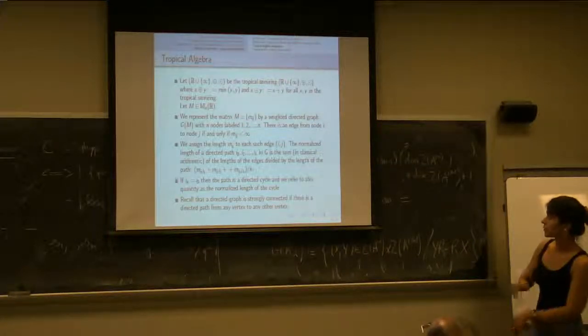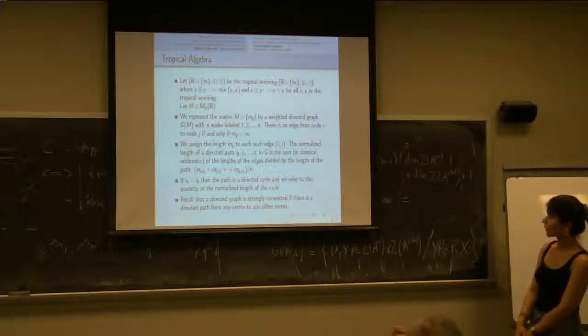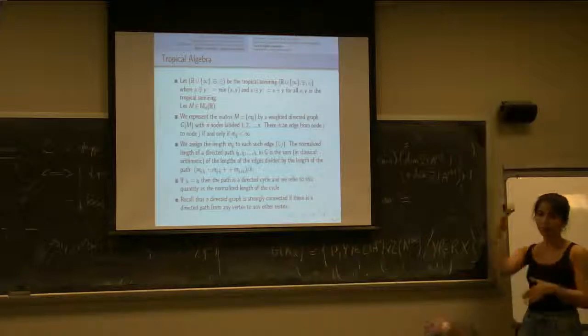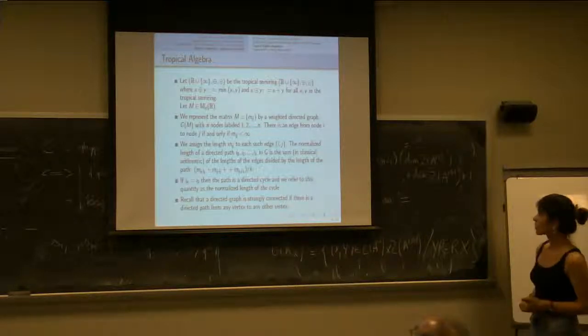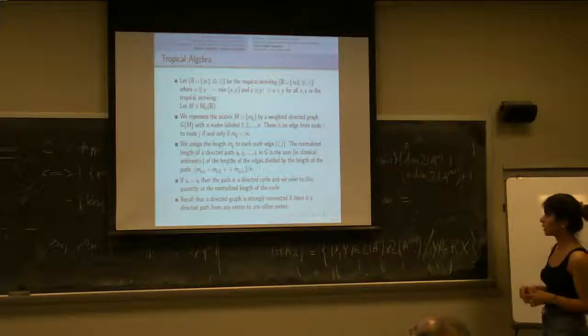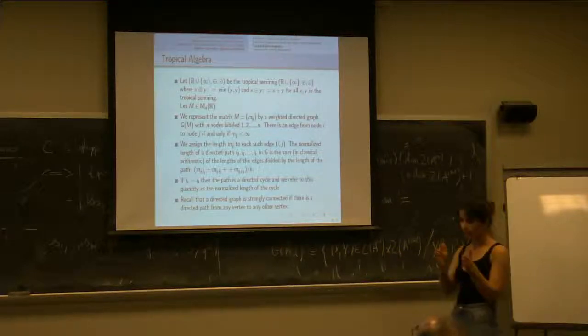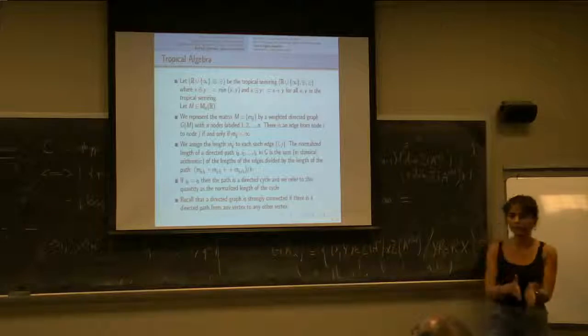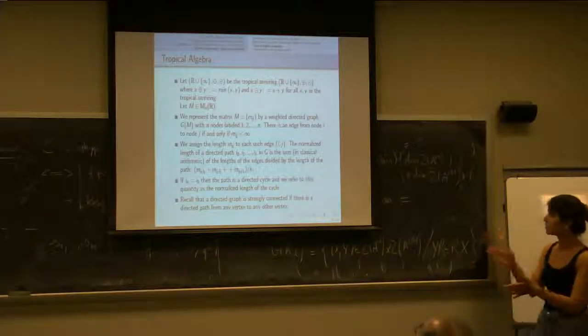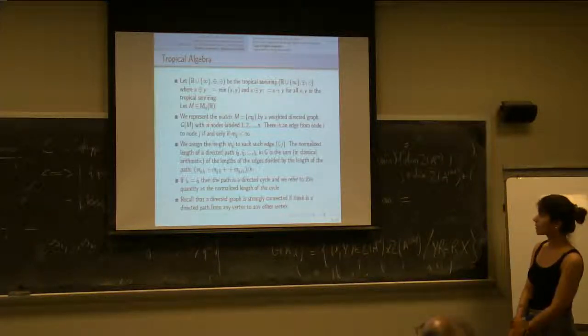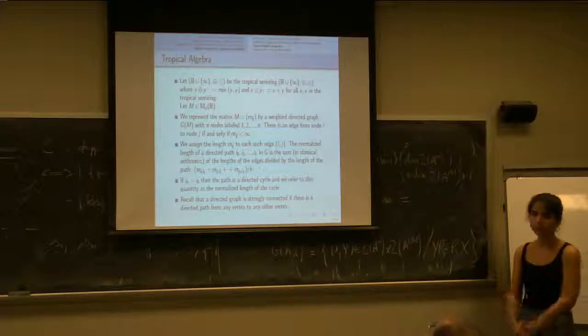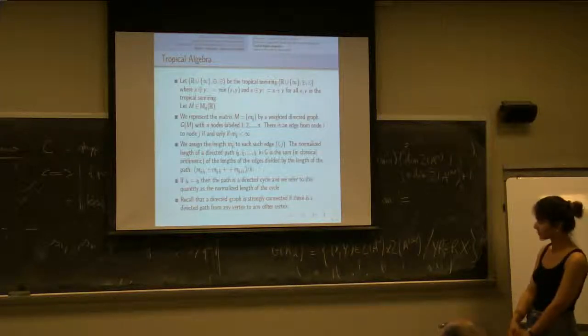In such an algebra, we can represent a matrix by its valuation, and then the valuation by a graph, and then study the circuits in this graph to retrieve information about the eigenvalues of the matrix.